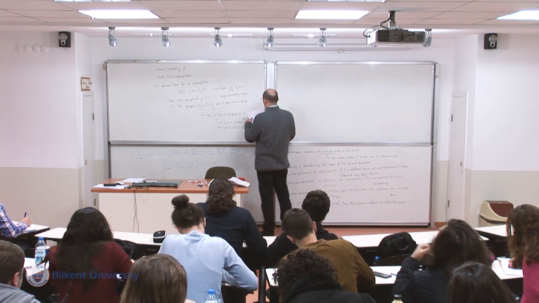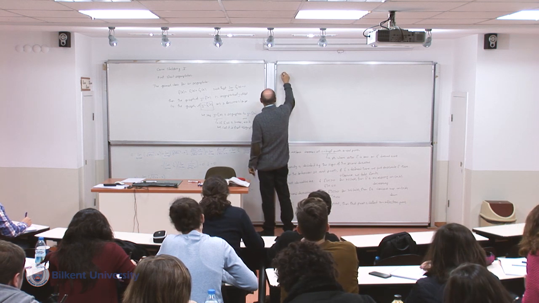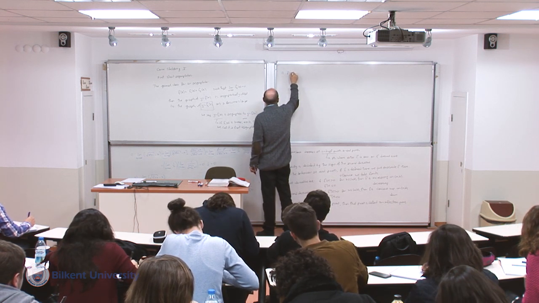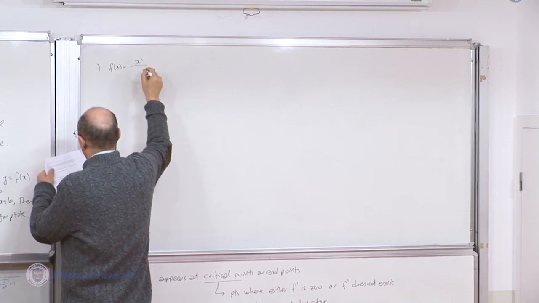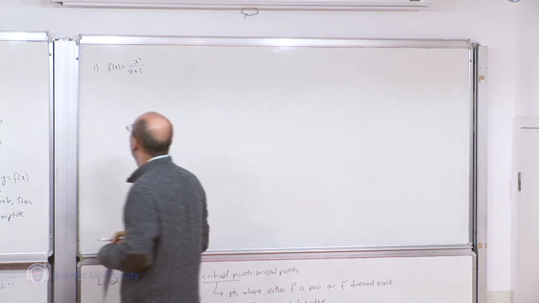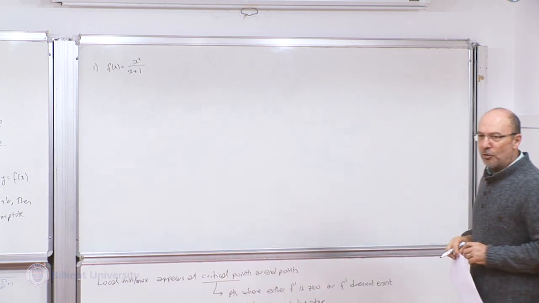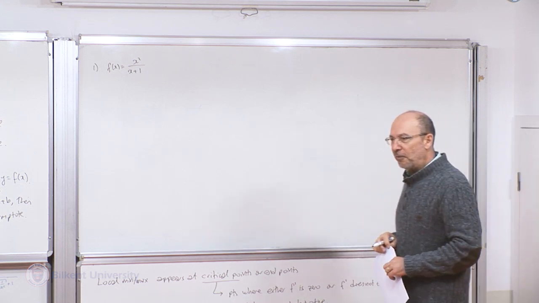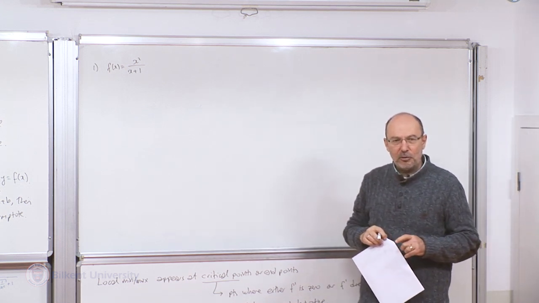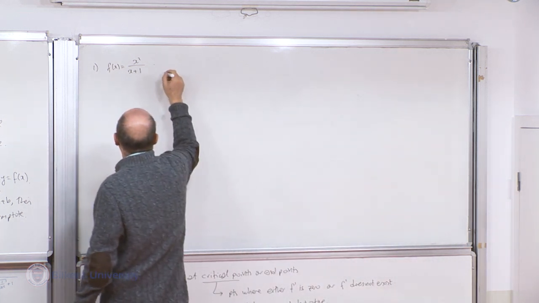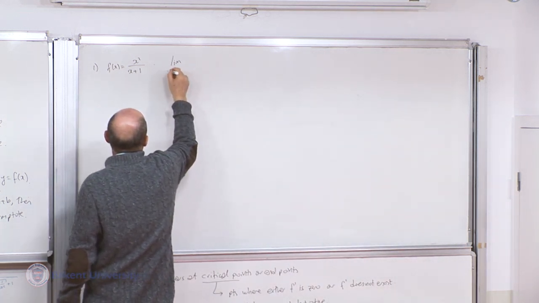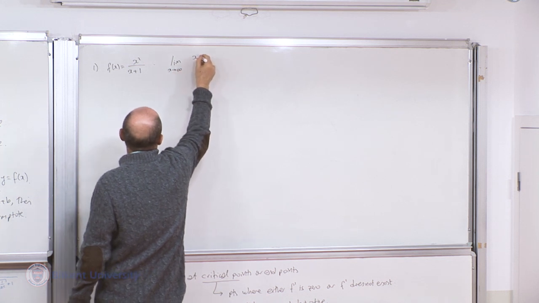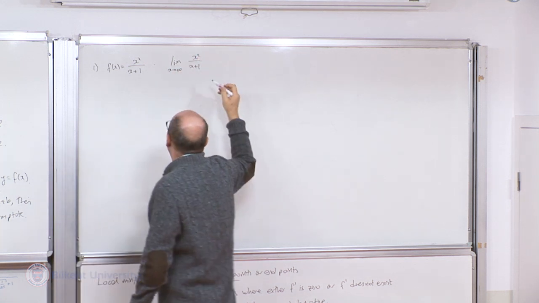Okay, so examples are y equals this one. So f of x is equal to x squared over x plus 1. As x goes to infinity, this goes to infinity, that part we can understand. As x goes to minus infinity, this goes to minus infinity, right? First of all, let us do those things. So the limit as x goes to plus infinity of x squared over x plus 1.